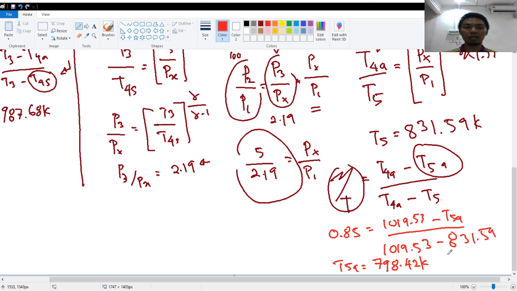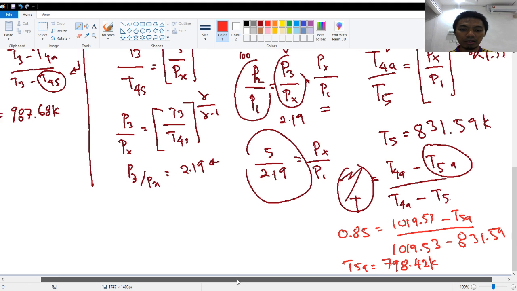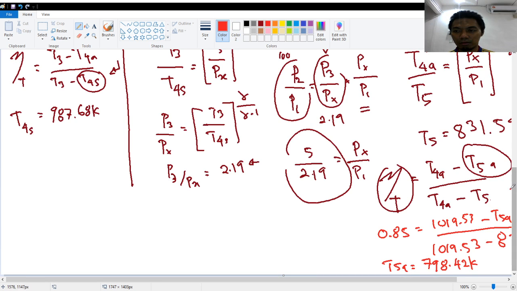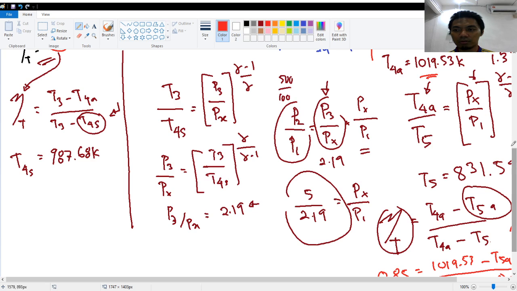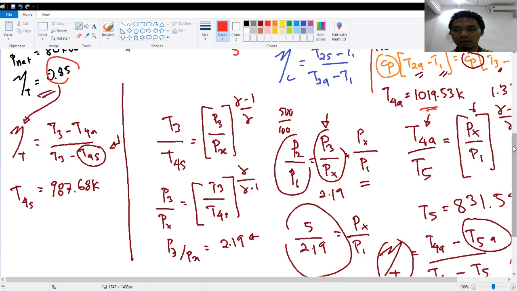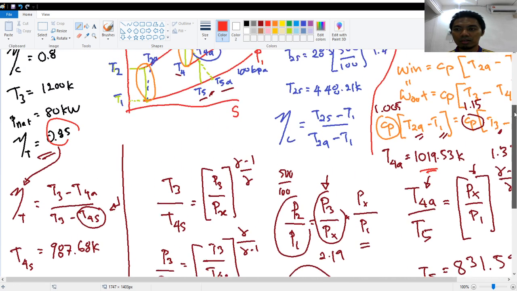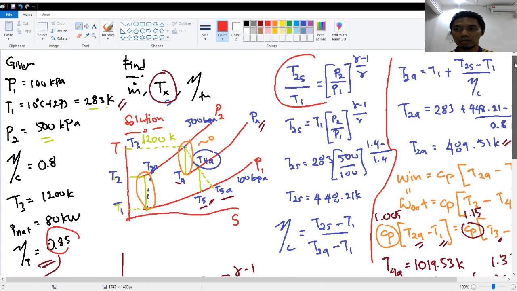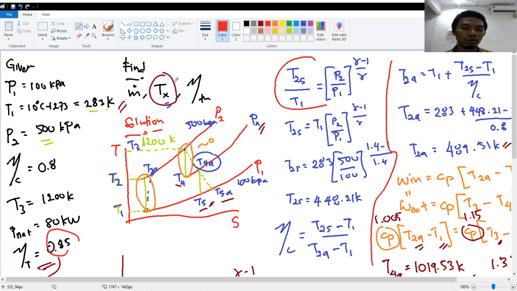After you got all the temperatures, then you can calculate the work net, the power output and everything. Still you haven't answered two of what you need to find: the m dot and the thermal efficiency.